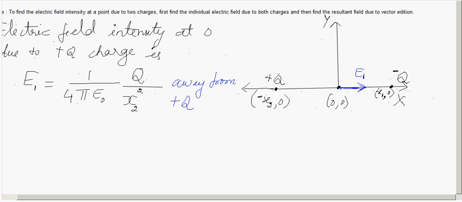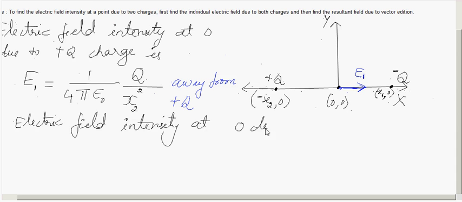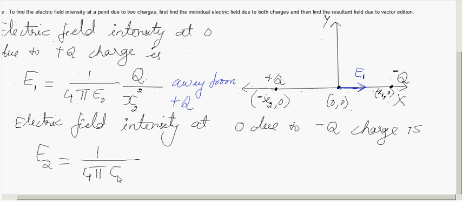Similarly, the electric field intensity at O due to minus Q charge is E2 equal to 1 by 4 pi epsilon naught into Q divided by x1 square.